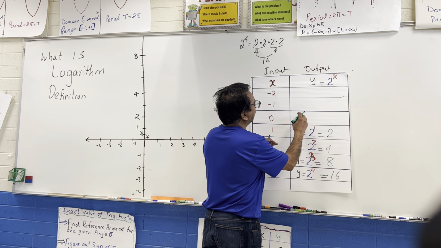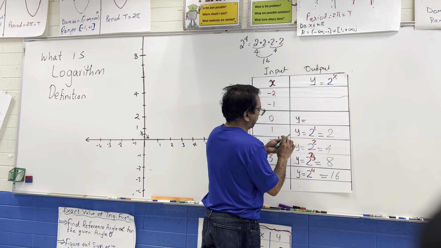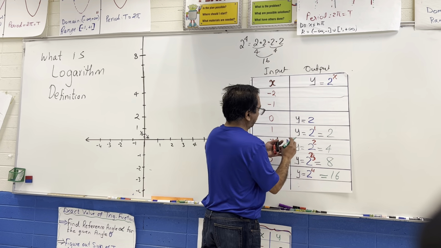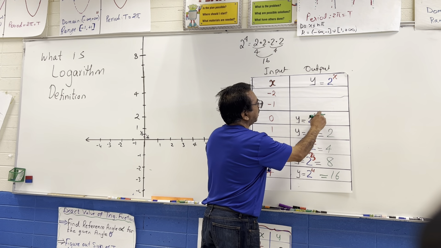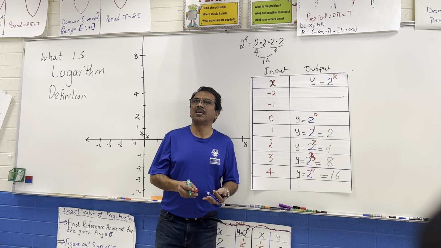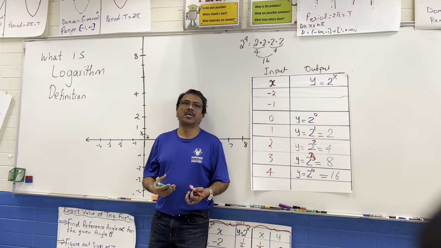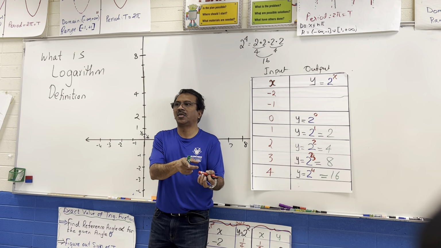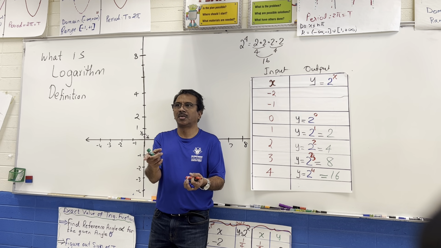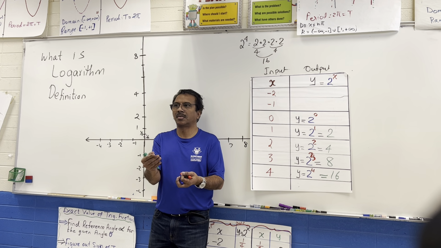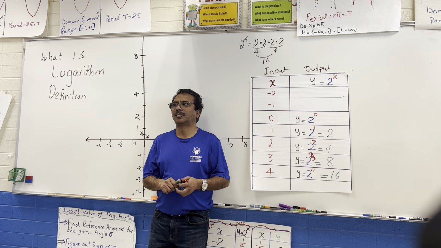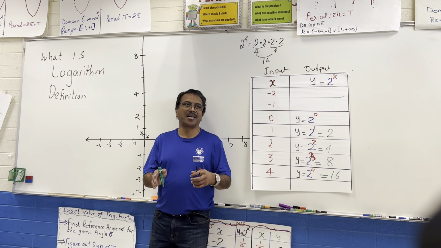So y equals 2 raised to 0. Anybody know what that means? Anything raised to 0 is what? Is it 0, or is it 1?